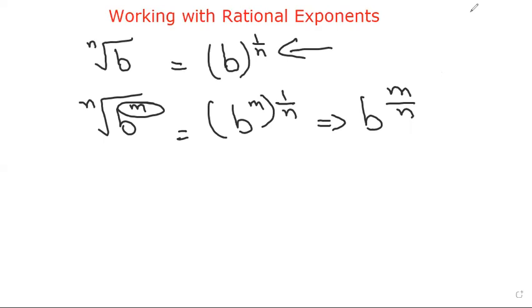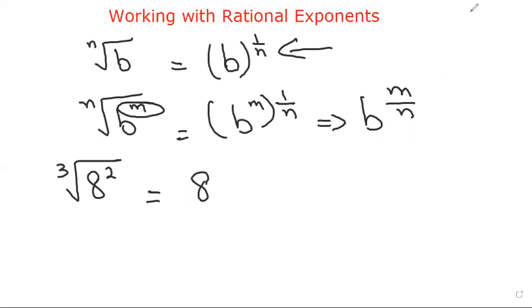Let's see another example, which is of a number rather than a variable. I have 8 to the power 2 and its cube root. This 3 outside the root means it's a cube root, so don't confuse it with some other number. So how do we write it? First of all, I'm going to write my constant, which is 8, as it is.